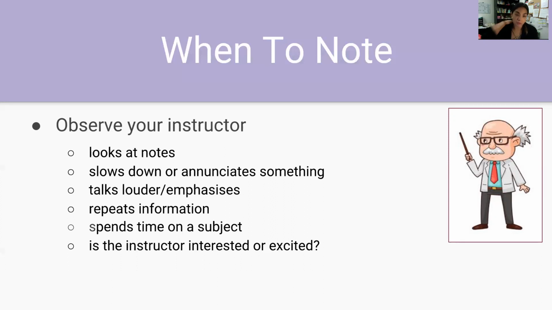But when she would get really involved and really passionate about a specific battle or communication between certain political leaders, and she would spend a lot of time trying to get us to understand what led up to this battle, that was one that I was going to make sure I had plenty of notes on, that I was going to go back in my textbook and reread and look over to know everything about it.